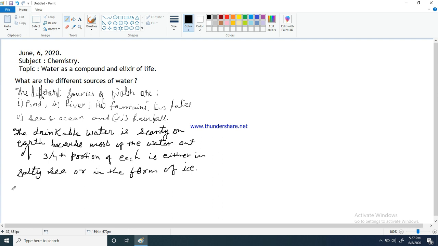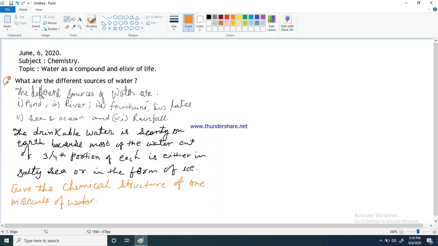If someone asks a question and say if I want to highlight the question in a different color, I can choose a color from here, and then I can write: give the chemical structure of one molecule of water.